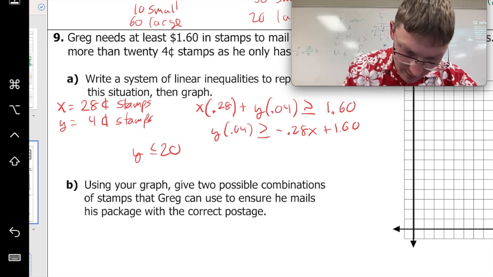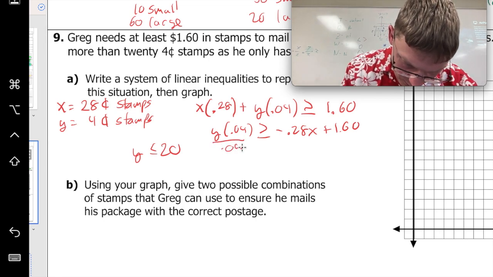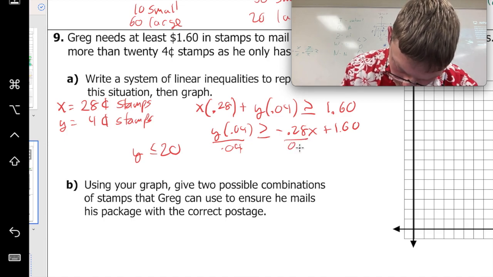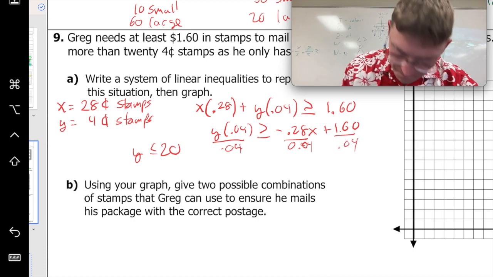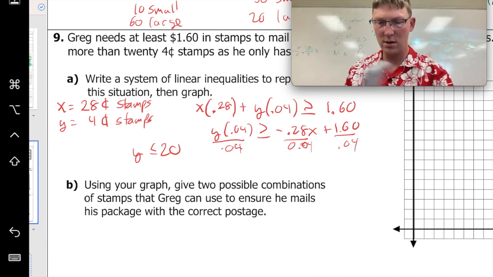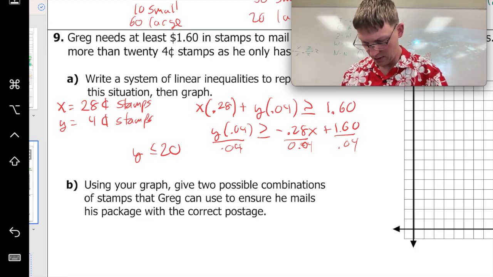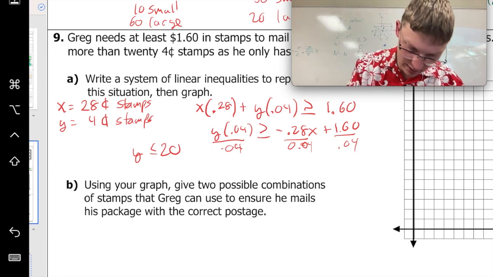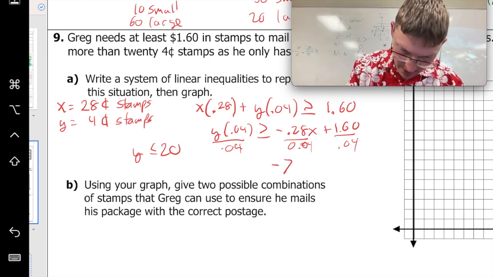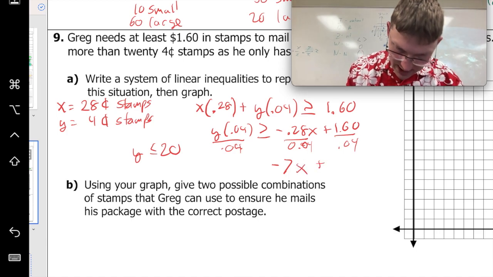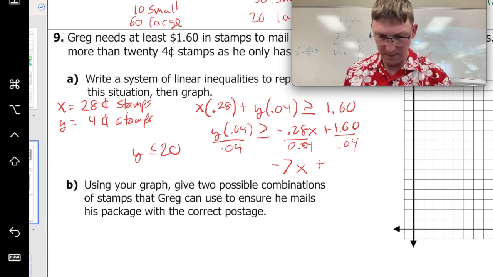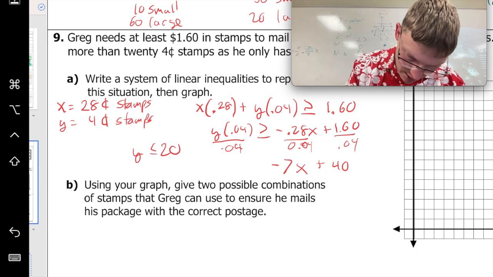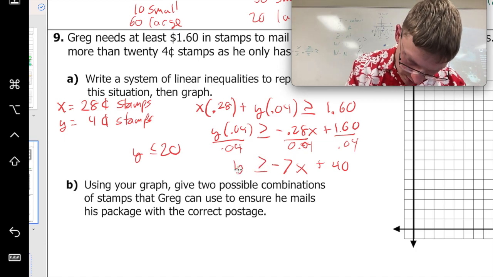So now we're going to divide every single number by 0.04. And we're going to use our handy dandy calculator to do that work for us. So I'm going to type in 0.28 divided by 0.04. And that number is 7, plus 1.60 divided by 0.04, plus 40, less than or equal to y.